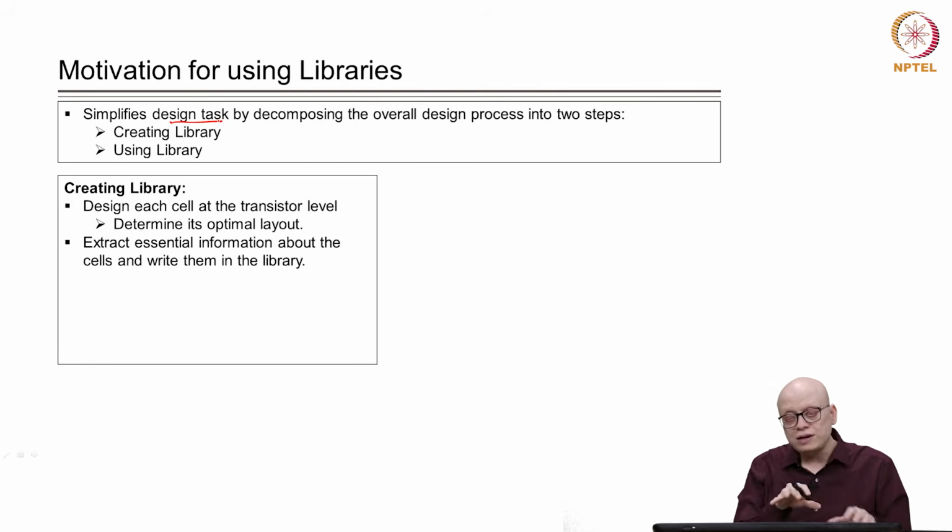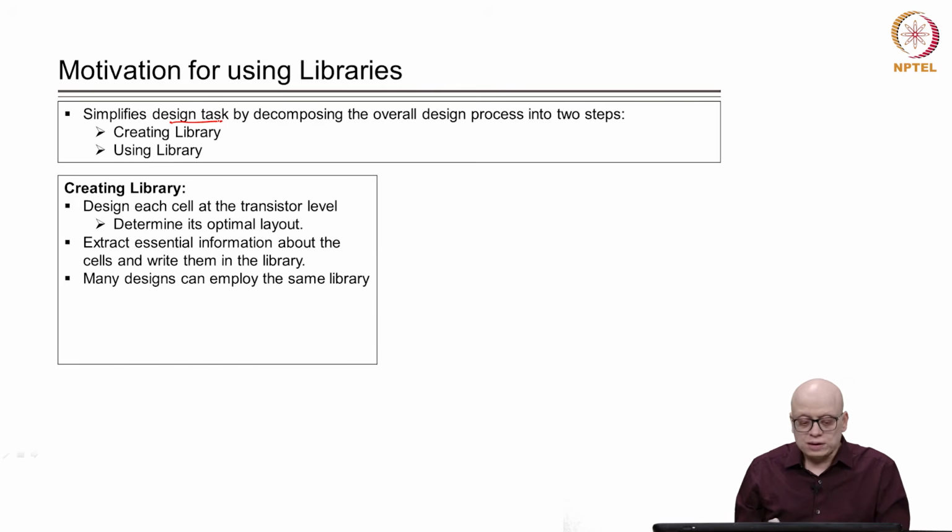And then after we have designed our cells, we extract useful information out of those cells and write them in a format of .lib or liberty format or some other format. Once we keep the information of the individual cells in some file or repository, then that constitutes a library, and then we have created a library.